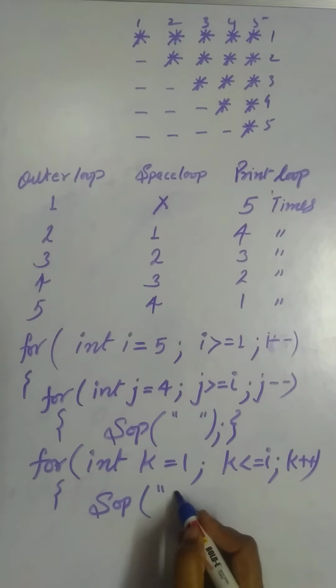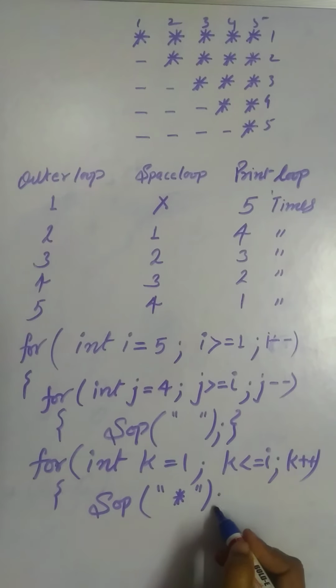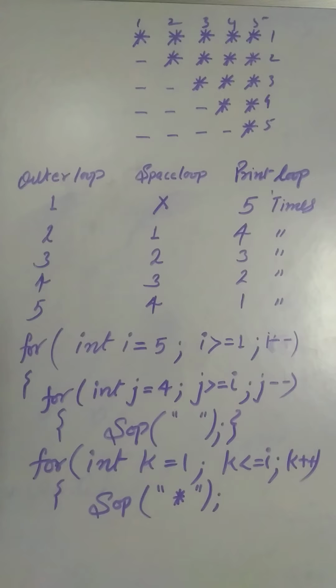So within double quotes, write the asterisk sign, close the double quotes and add a semicolon. After this, you close the for loop, the second inner for loop. After this, the SOPLN statement for a new line, and here you close the outer loop.